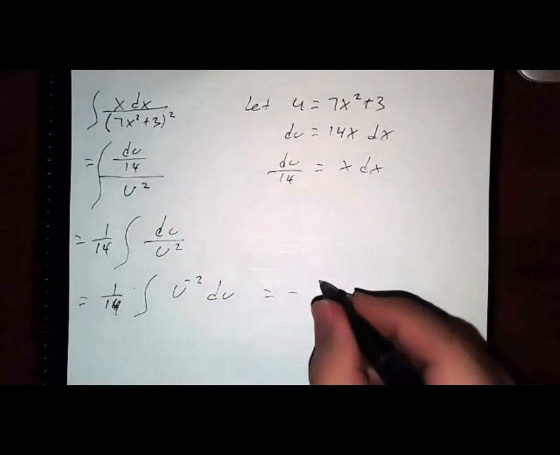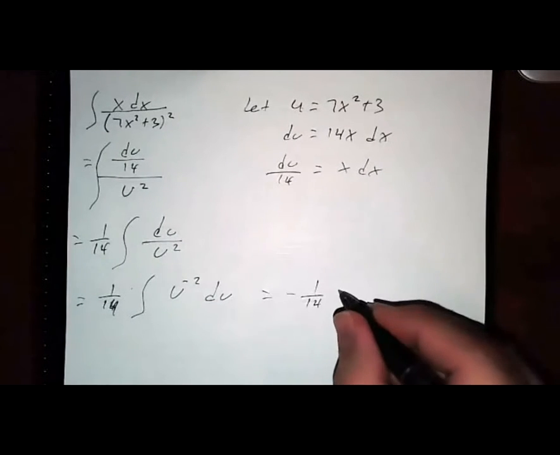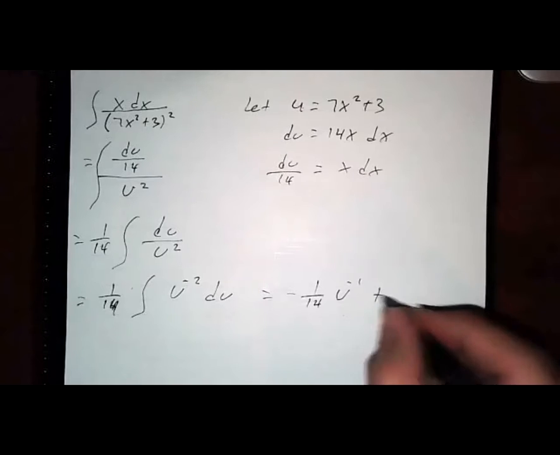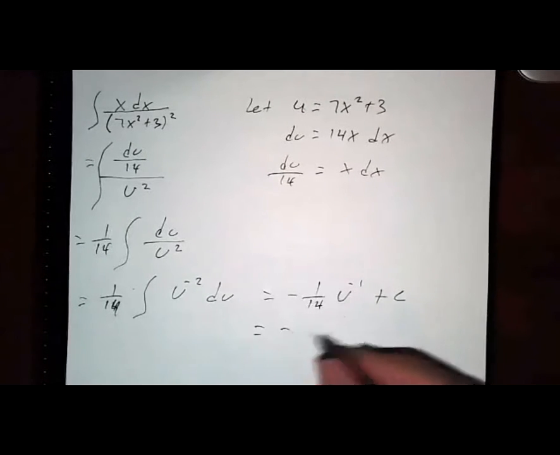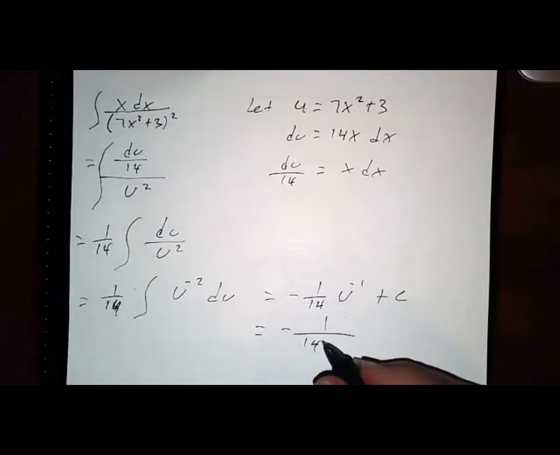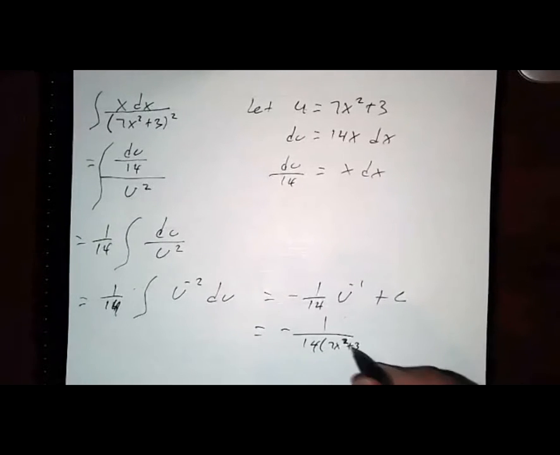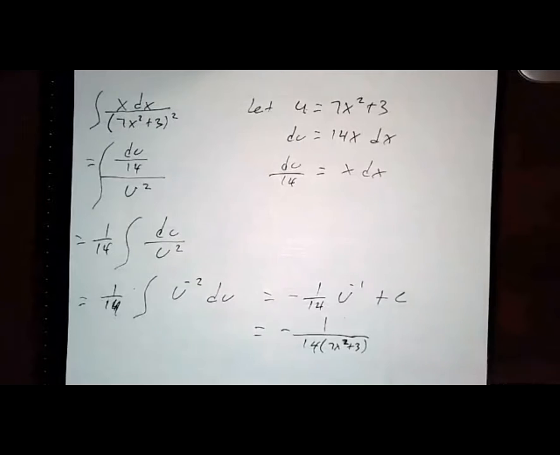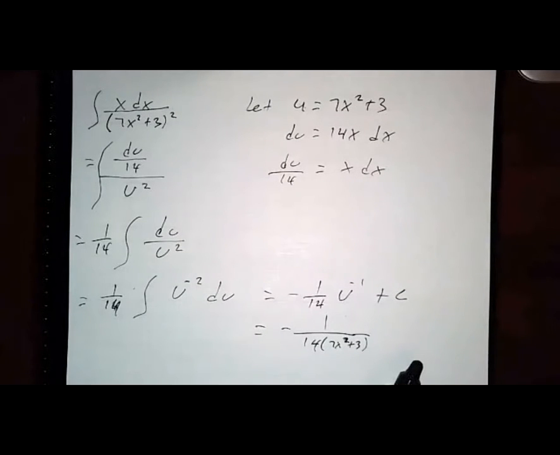The answer will be -1/14 u to the -1 plus c, which is -1 over 14 times 7x squared plus 3. I skipped one minor step.